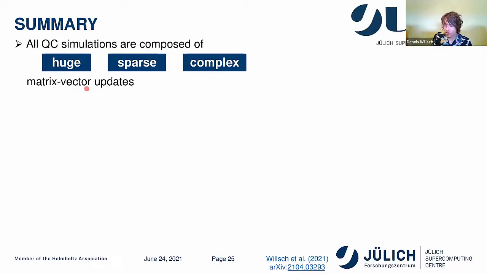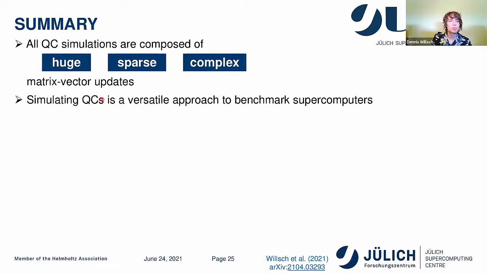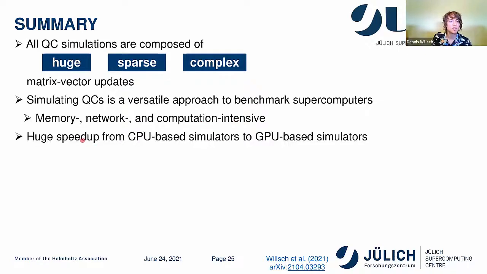And because CPUs and GPUs are just built at the core to do any matrix vector operations, simulating quantum computers is a very versatile way to benchmark supercomputers, because it's very memory and network intensive, and the simulation of physical realizations is also very computation intensive. And we've also seen a huge speed up from the CPU-based simulators to the GPU-based simulators.